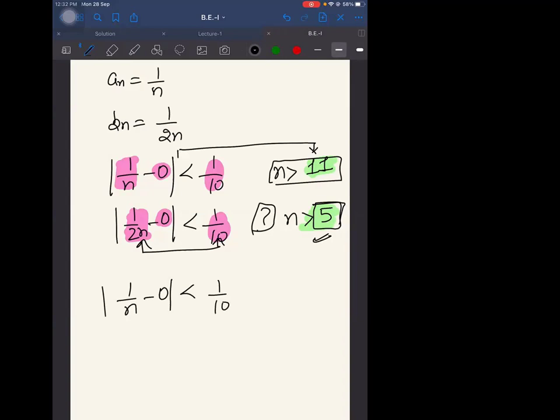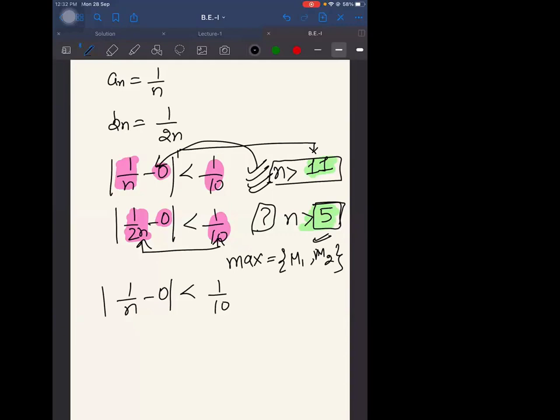After 6, it will not be satisfied, right? n greater than 11. So how do you make the choice? The greatest of the two. Yes, exactly. If we want to satisfy both of these inequalities simultaneously, we take the maximum of the first and the second.